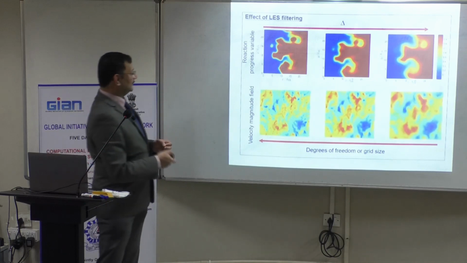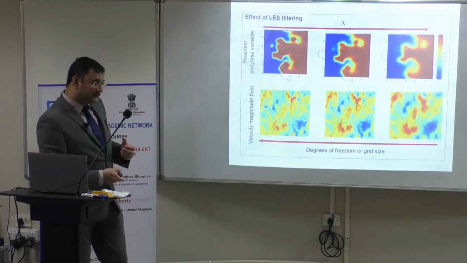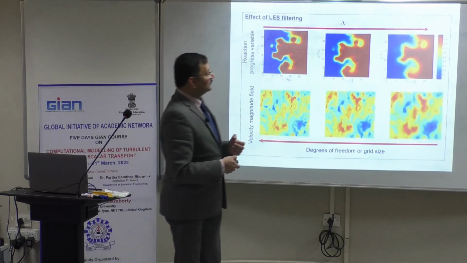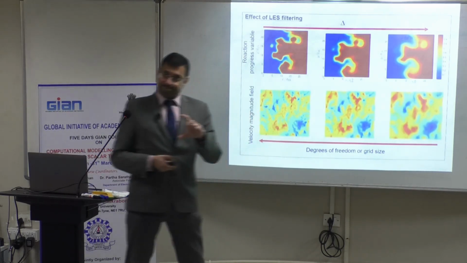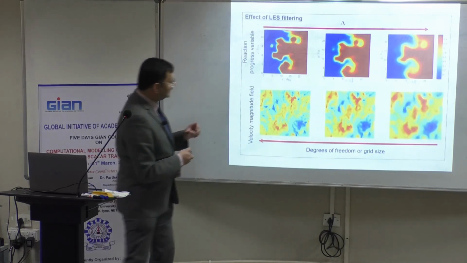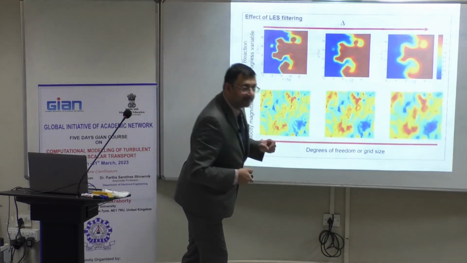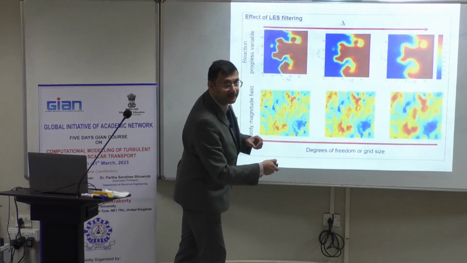Okay? So, for example, in actuality, the grid size is bigger for LES in comparison to DNS. In other words, as I am increasing my filter width, the grid sizes are becoming bigger.